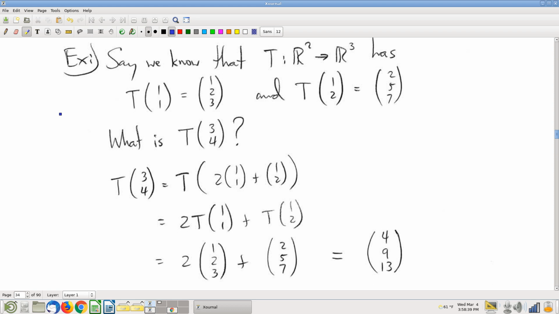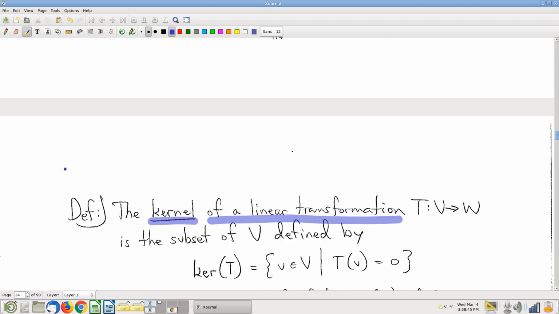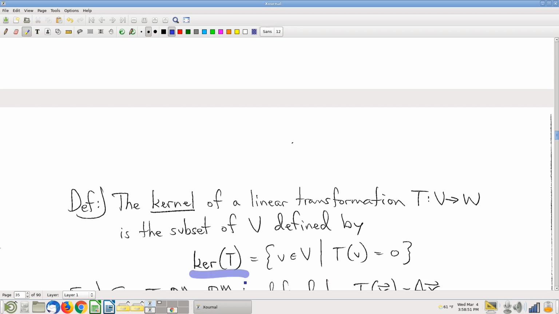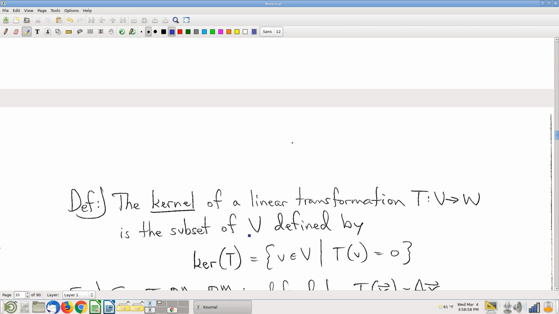Okay. Right. So moving along, let's talk about the kernel of a linear transformation. Here we go. The kernel. By the way, I hope you all have seen set builder notation before. If you haven't, you just read off of it pretty much exactly what's written.